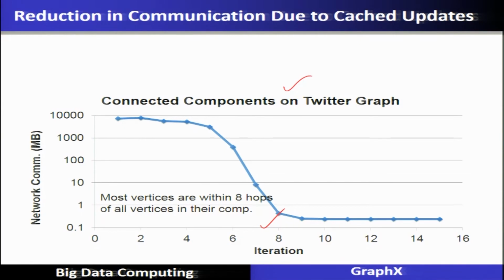Therefore, as we have seen earlier in the previous slide, when compared to Giraph, Pregel or GraphLab, GraphX gives better performance than any other graph computation framework available, due to these internal implementation details using cache updates.